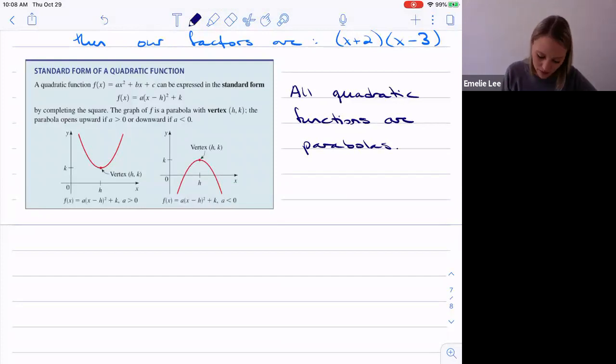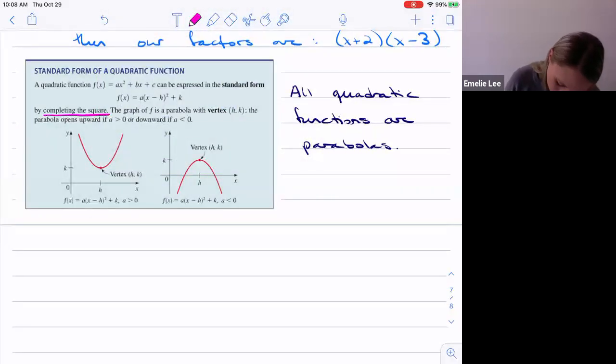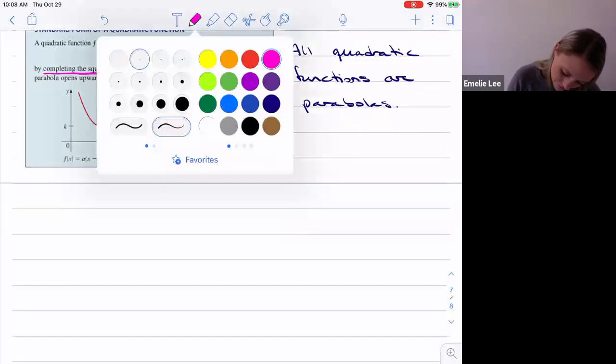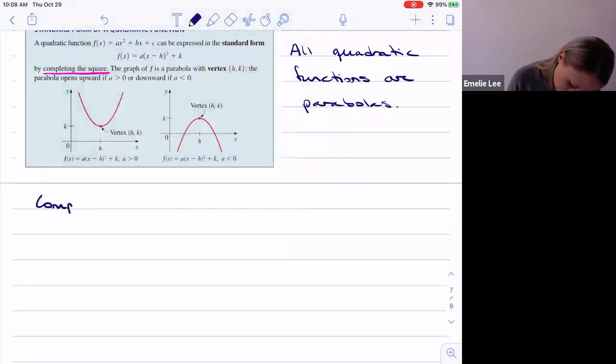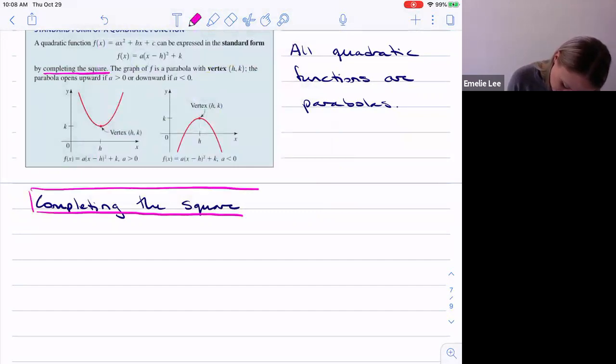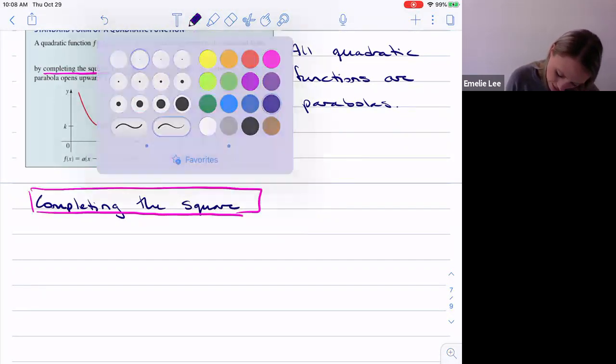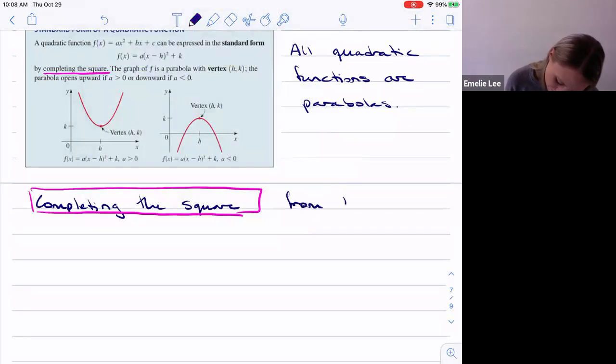And so when I say we have to complete the square, I'll underline it here. Completing the square is from 1.5. So the note's from 1.5.